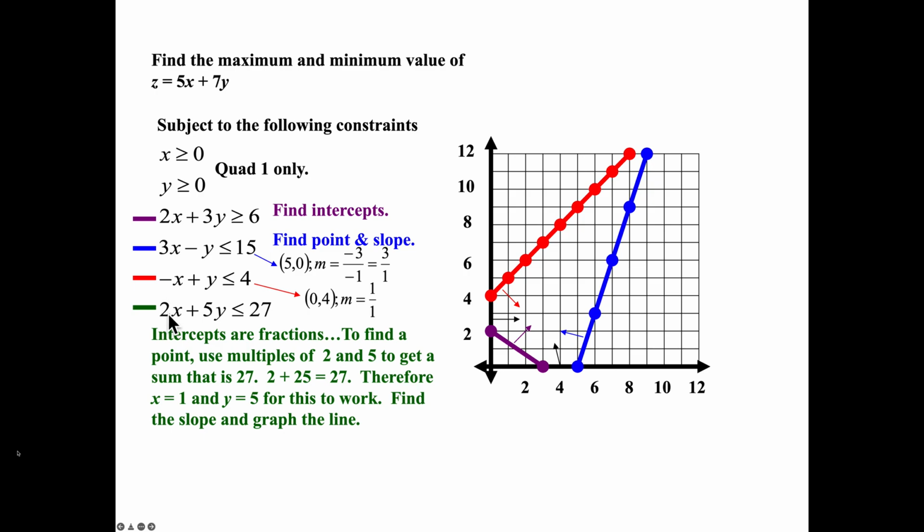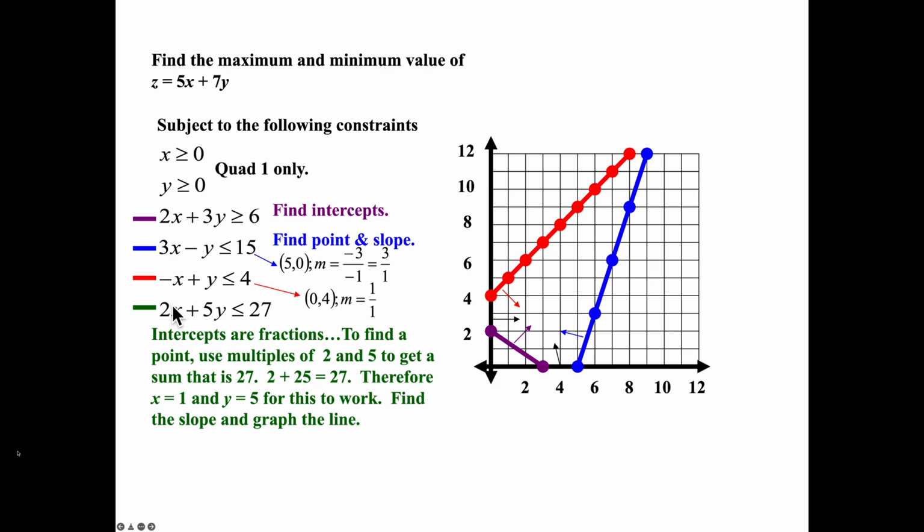Since 2 is an even number, if I take this 5 and subtract it over from 27, that would make 22, and 2 can go into 22 11 times. So I had 1, 5, and I can find that point.